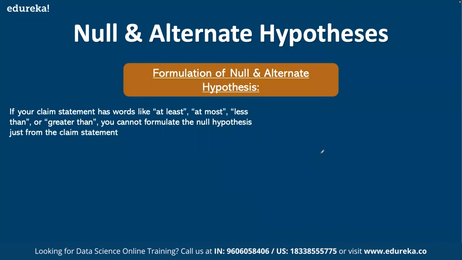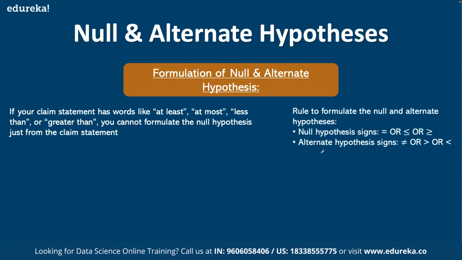In such scenarios, you cannot formulate the null hypothesis just from that claim statement. So what you have to do is create something like this. The rule to formulate the null and alternate hypothesis is: equal to, greater than or equal to, or less than or equal to.